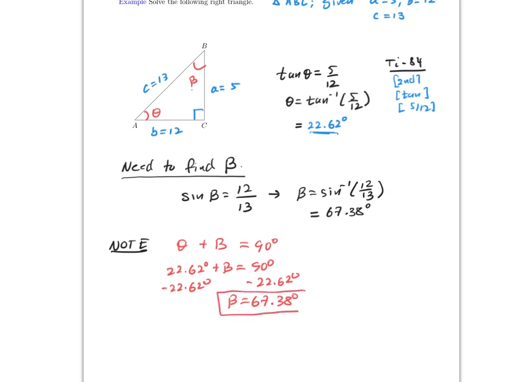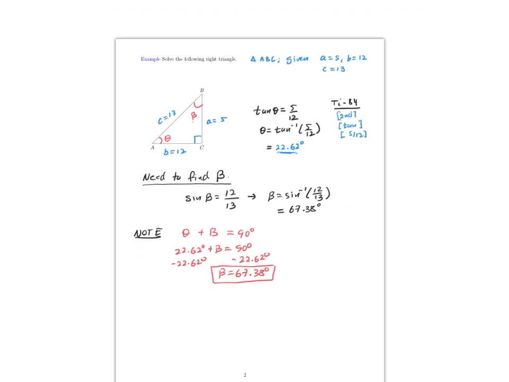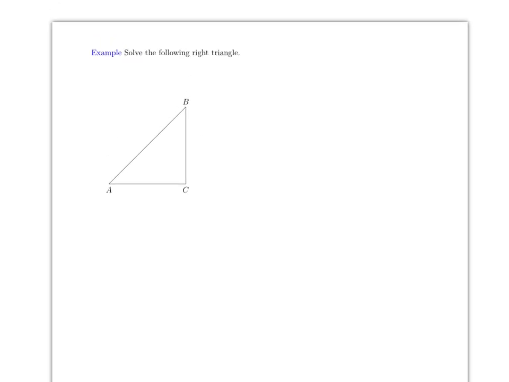So the point is that once you find one angle, since these two have to add to 90, you can do it both ways. You should try both ways anyway, so you can check your answers and get more practice. So now for this particular problem, the triangle is solved because you already have the three sides and the three angles. All right, so let's do a slightly different version of the problem.